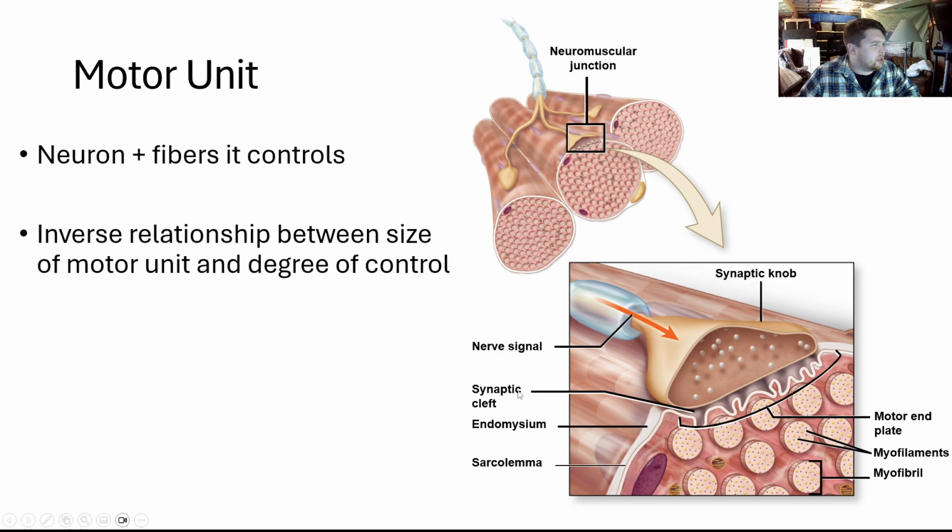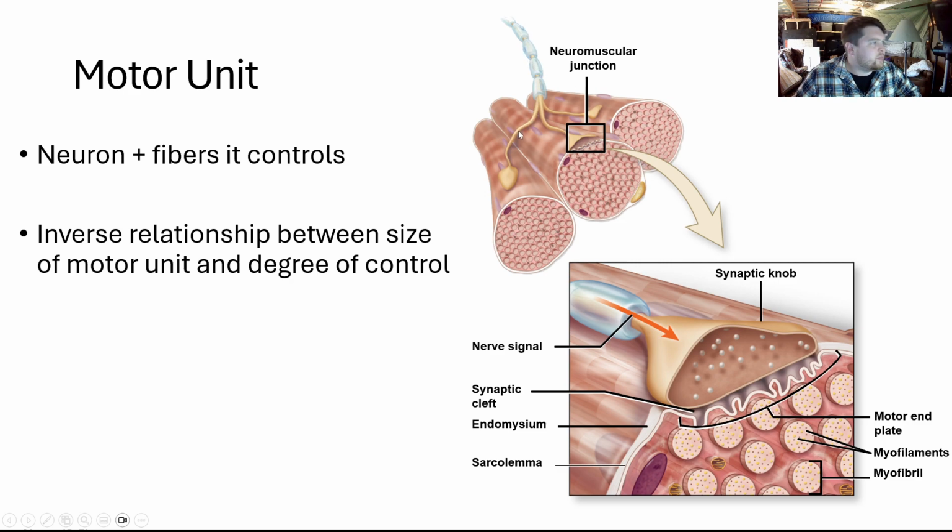There wasn't a great place to put this, so I figured I'd start with it. We have something that's called a motor unit, where we have a specific nerve. If we look at any nerve, it comes down, it's going to innervate muscle cells. Remember, muscle cells are also known as myocytes or muscle fibers.